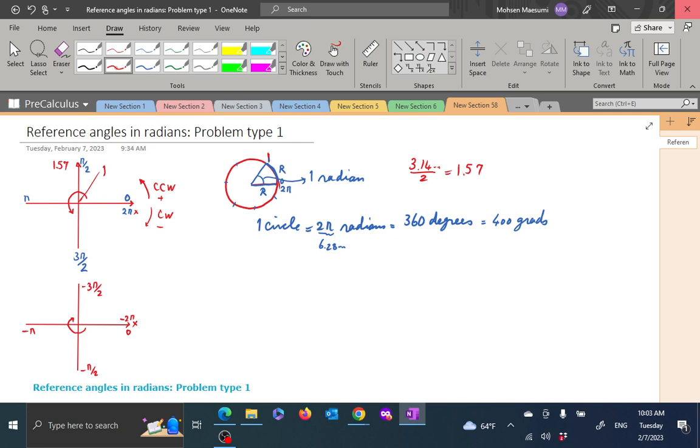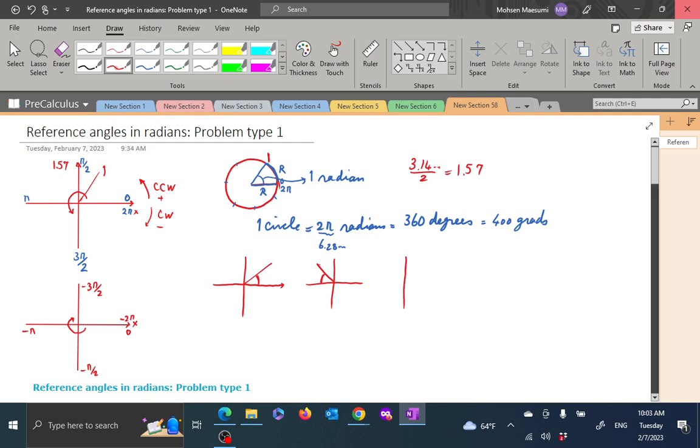So an angle is given to us in radians, and what we want to find is the reference angle. What was the reference angle? We said if an angle is given to us which starts on the x-axis in standard position and ends somewhere, it has a terminal side, and the angle it makes with the horizontal is called the reference angle. If it ended up in the second quadrant, then this would be our reference angle.